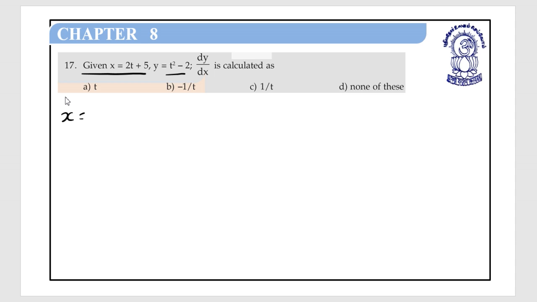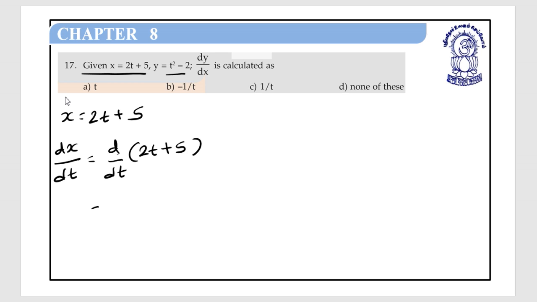So x is equal to 2t plus 5, dx by dt is equal to d by dt of 2t plus 5. 2 common, dt by dt, plus 5 constant. Differentiation of a constant is 0. So 2 into 1 is equal to 2.